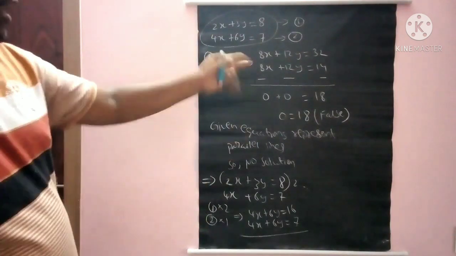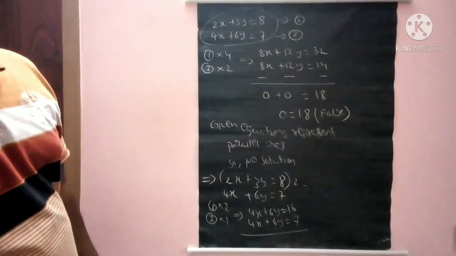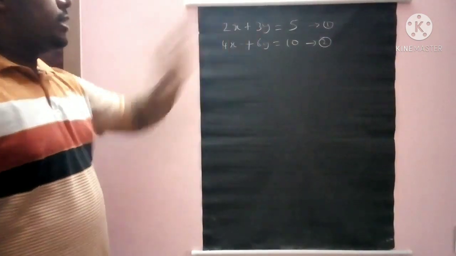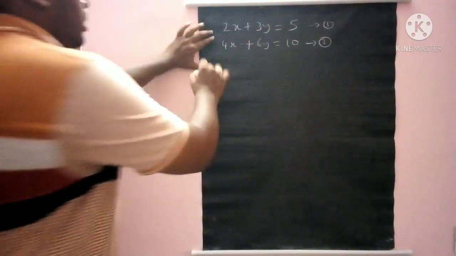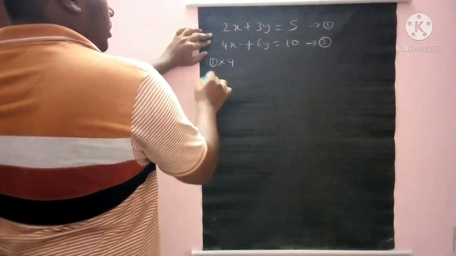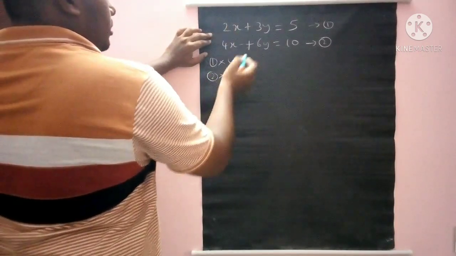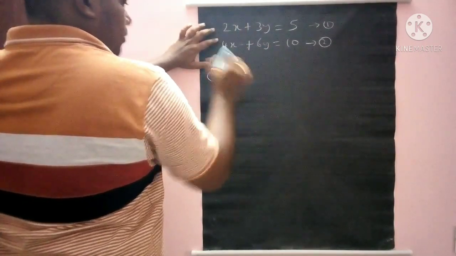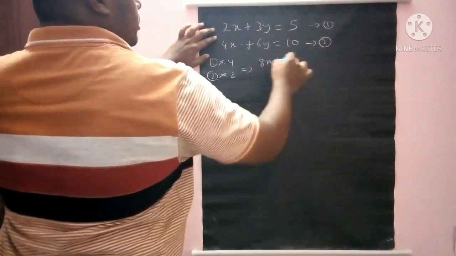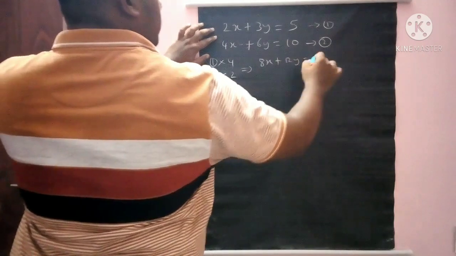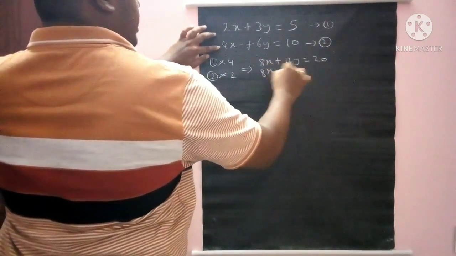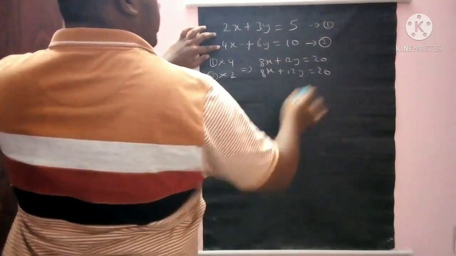Now next I will show the example for a true statement. Suppose these are the equations, for example. As usual, multiply with 4, the second equation's x coefficient, and the first equation's x coefficient 2. It will result in 8x plus 12y equals 20. This one is 8x plus 12y equals 20.